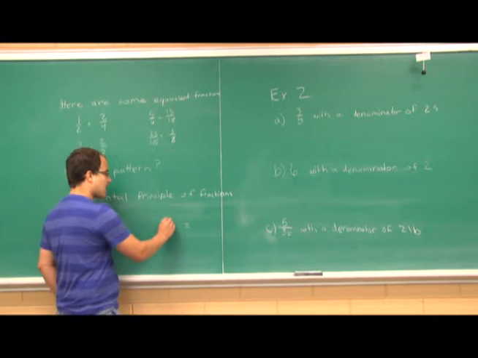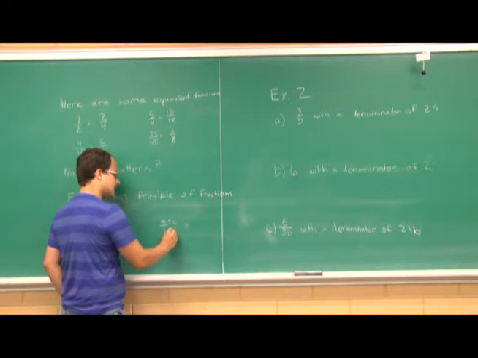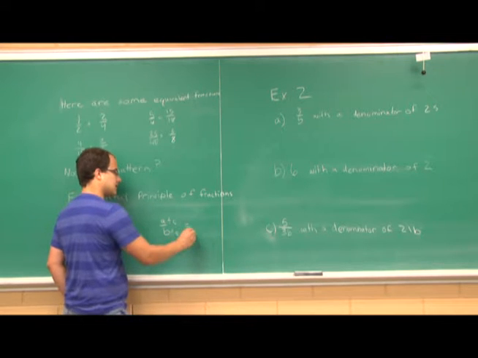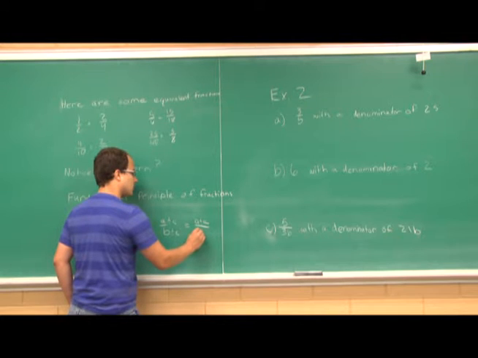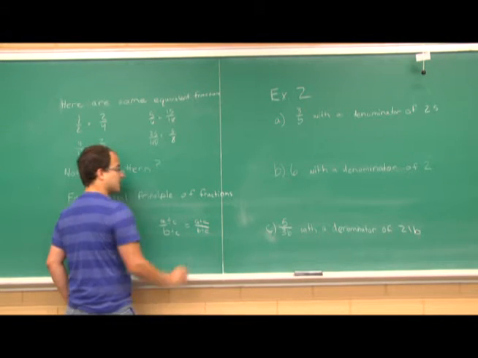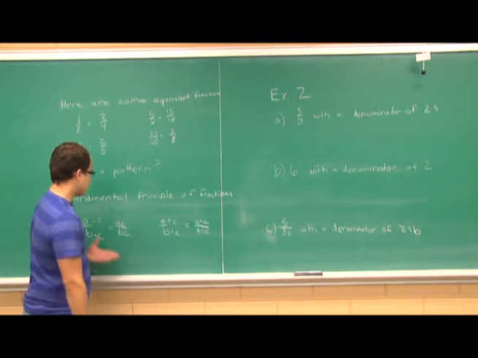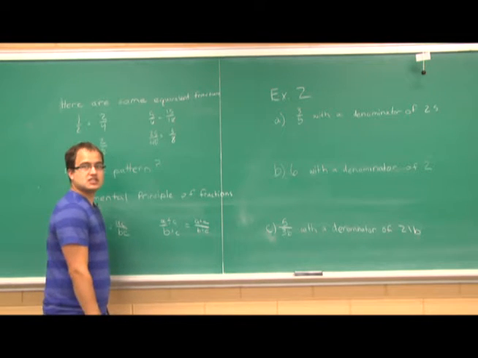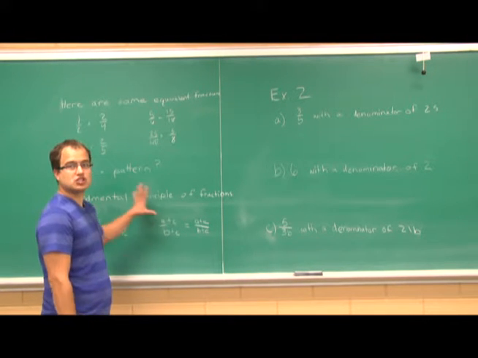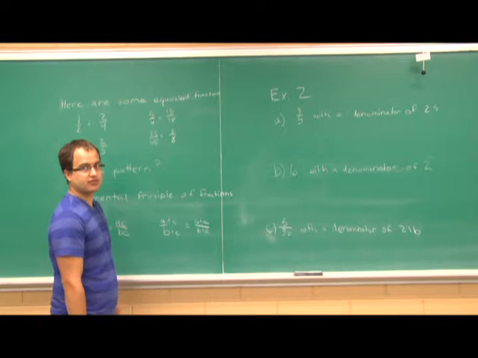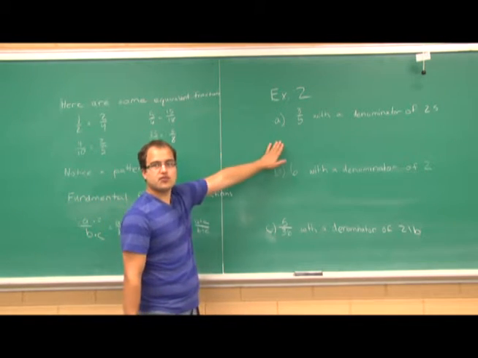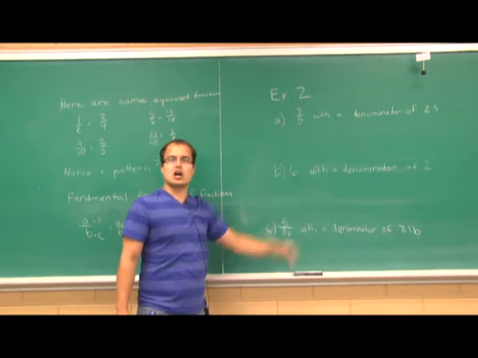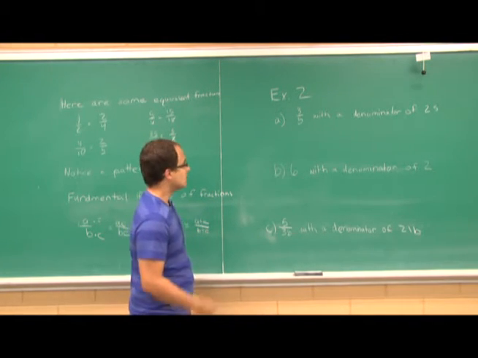Same if I take a divided by c and b divided by c, you'll get an equivalent fraction of a divided by c over b divided by c. And this will help us find equivalent fractions, and this is the main part that I mentioned earlier for addition and subtraction of fractions. Now example 2, I want to write 3/5 with a denominator of 25.